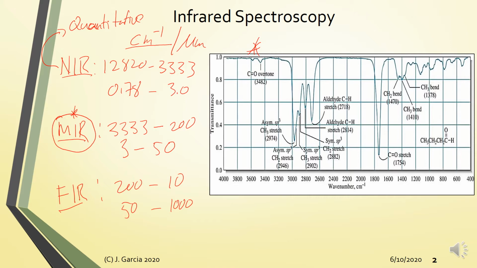So NIR is more for quantitative analysis. Normally, you can use NIR spectroscopy for in situ analysis of products, usually in a manufacturing setup. One example would be if you're working in a chocolate factory and you want to measure the percent proteins, percent carbohydrates, and percent fats of a given chocolate sample.